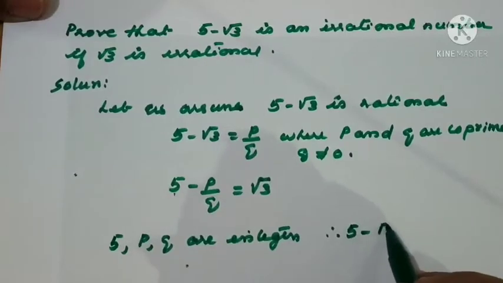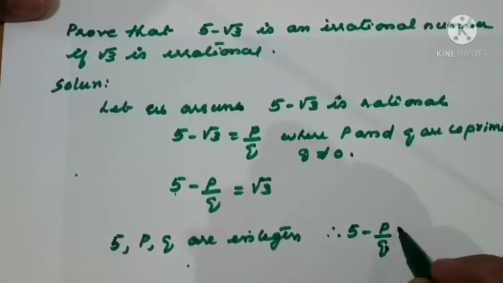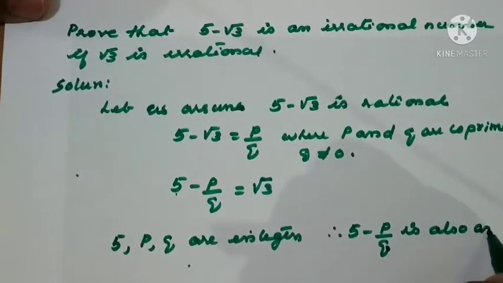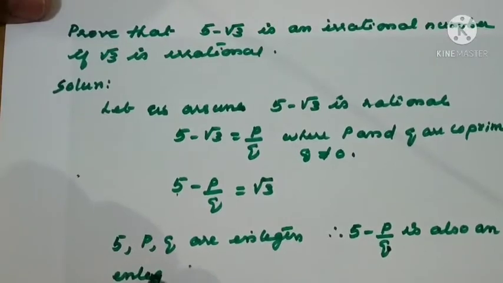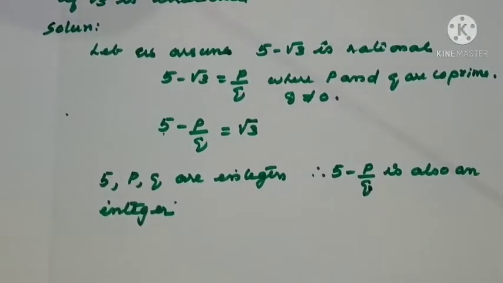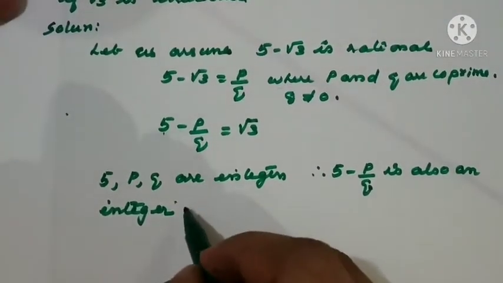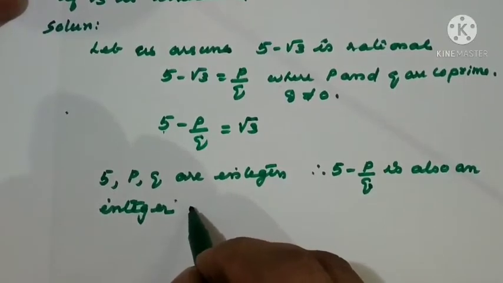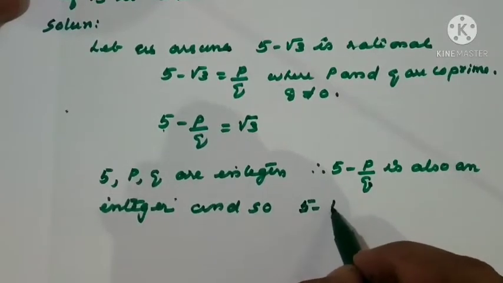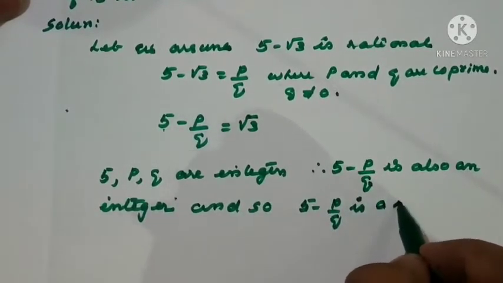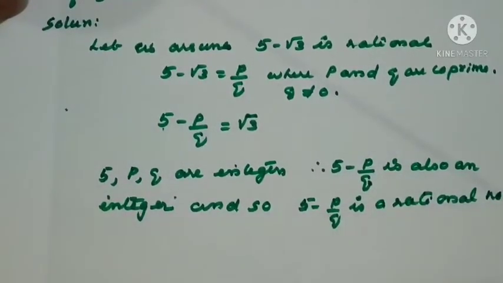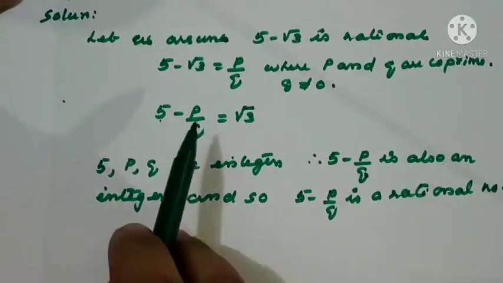Therefore, 5 minus p by q is also an integer, and so (5q minus p) by q is a rational number. Now you see 5 minus p by q is rational.